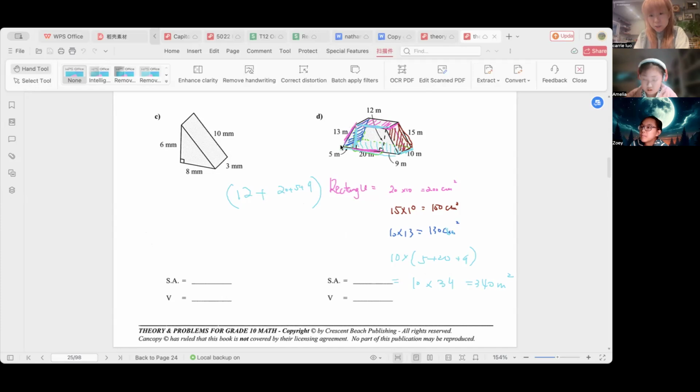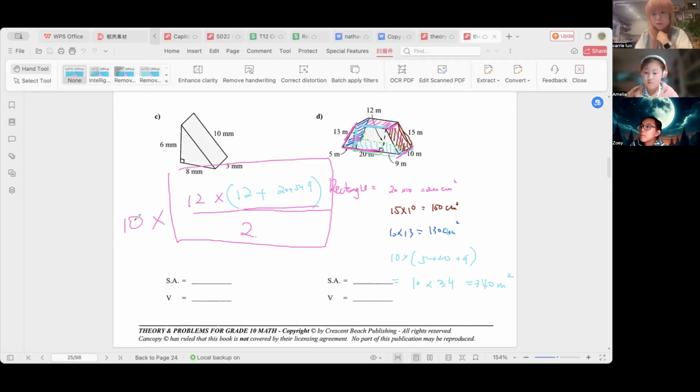So this one is 13, this one is 5, so this one is 12, because 12 squared plus 5 squared equals 13 squared. So the answer is 12 times all these things and divided by 2. Right? So what is the volume? It is this front times height, which is here, 10.